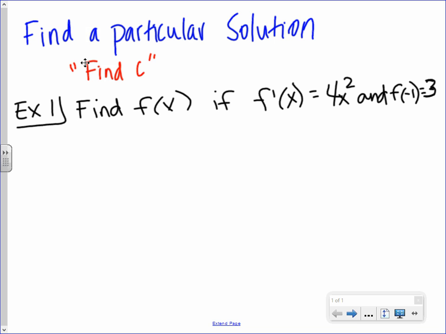So in this example, I'm asking you to find f. I'm giving you f prime, which is 4x squared, and I'm giving you some information about f. We know that the coordinate -1, 3 lies on the curve.